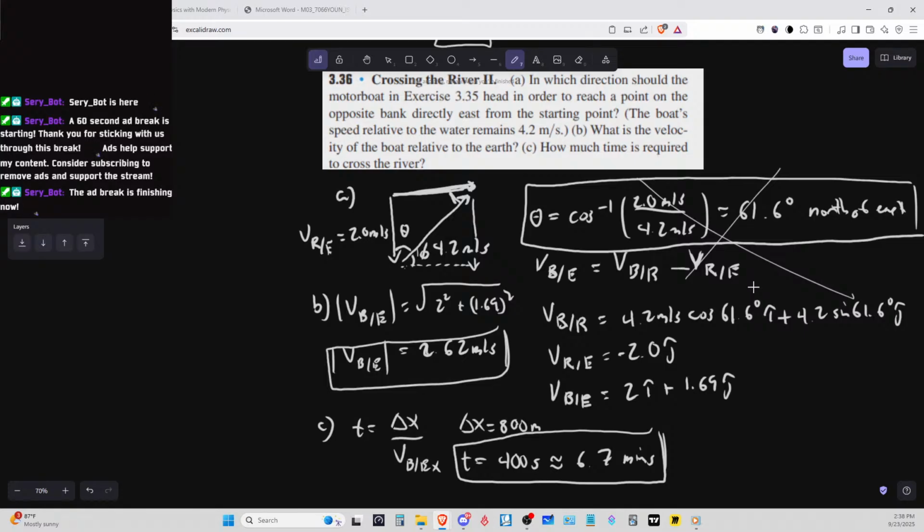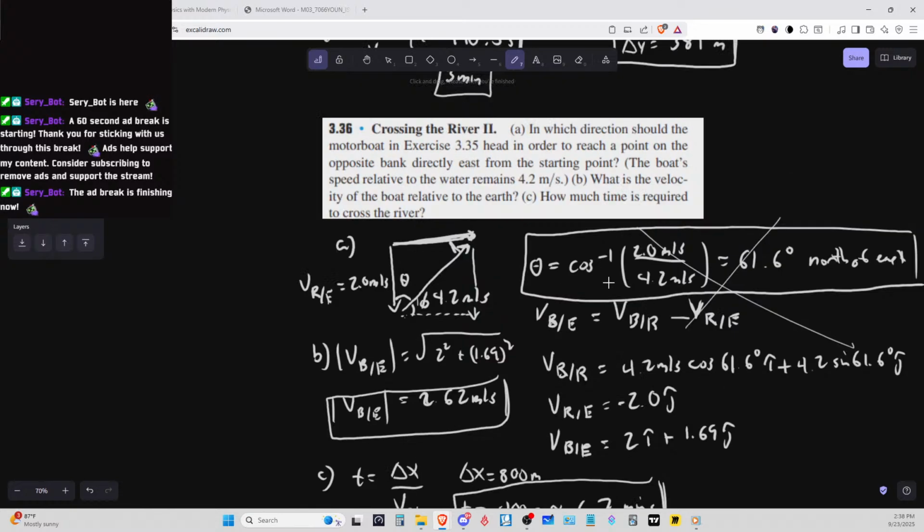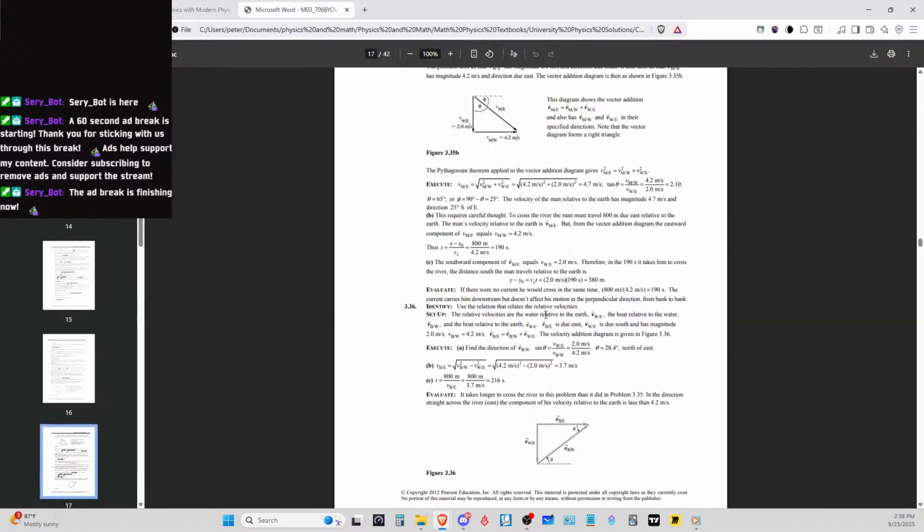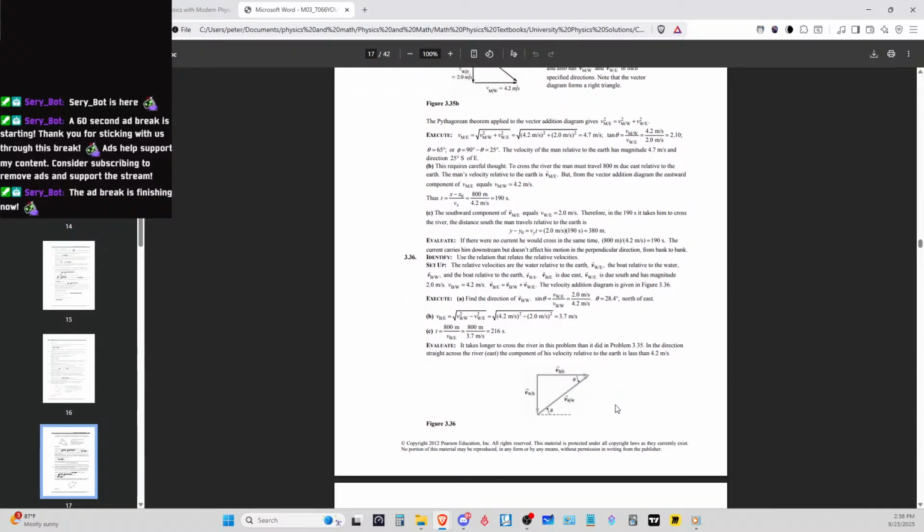Okay, so I guess now it's time to reflect on what we got wrong here. So we got the wrong angle here. Now we have to understand why that angle is specifically the right angle to take here.